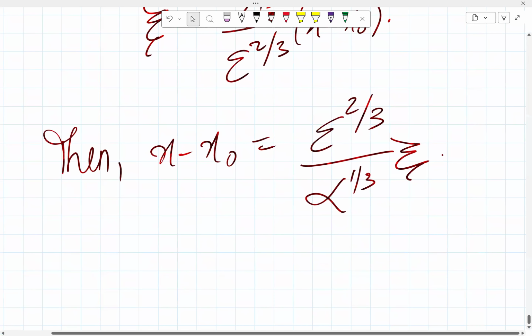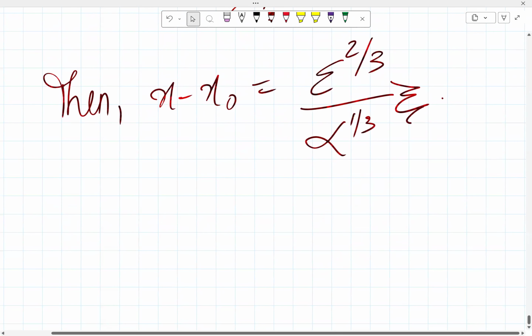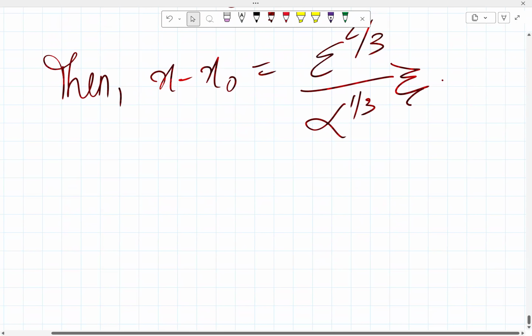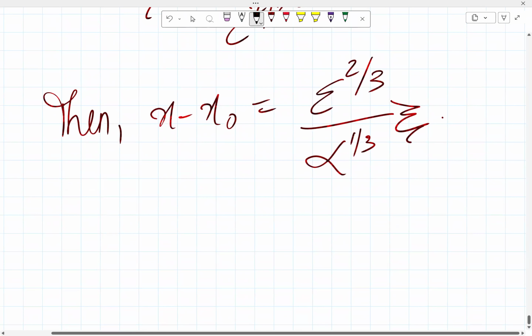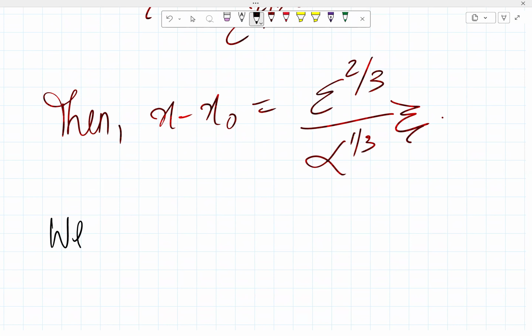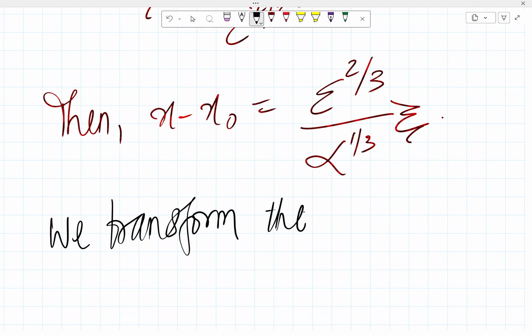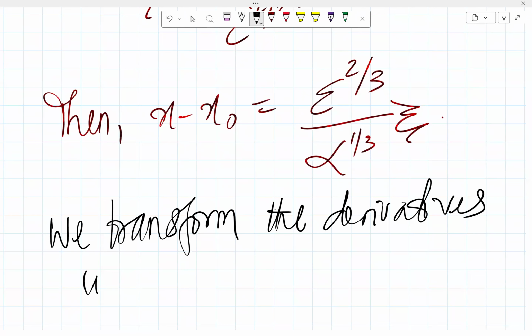So with this now, we can talk about transforming the derivatives. We transform the derivatives using the chain rule.